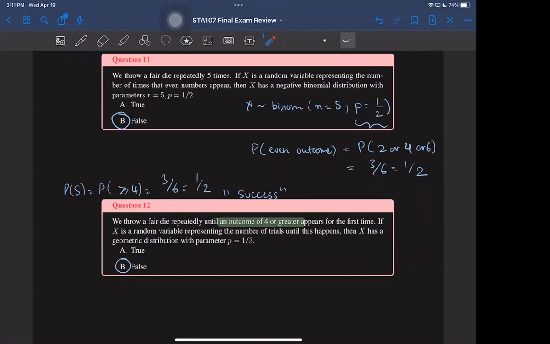And here X represents the number of trials until the first success. Therefore, X follows a geometric distribution, and P, the probability of success, has to be 1/2. Does this make sense for everyone?